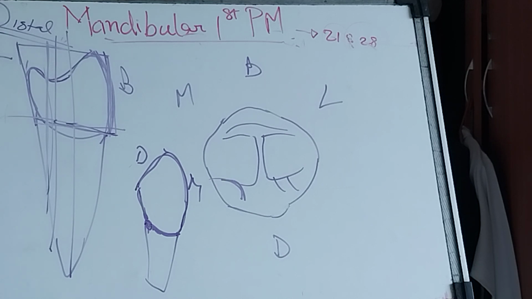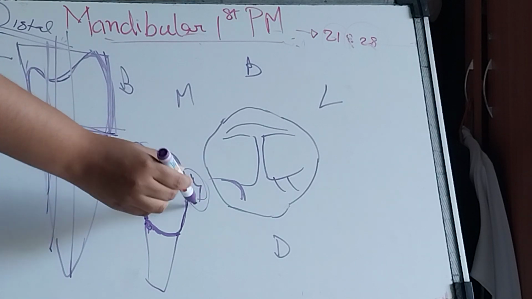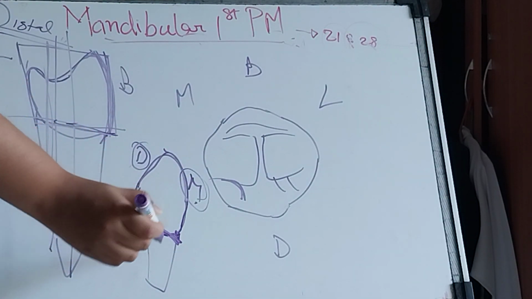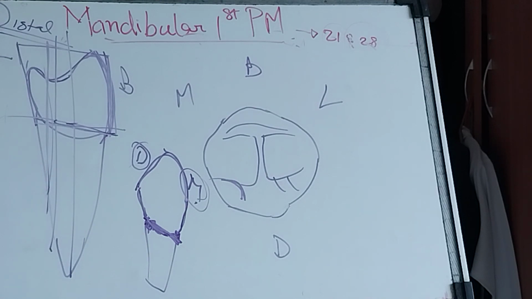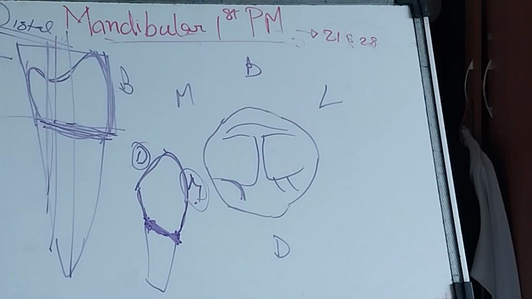The distal marginal ridge is placed higher than the mesial marginal ridge. You can see the difference. And the cervical outline is nearly straight, not much straight.